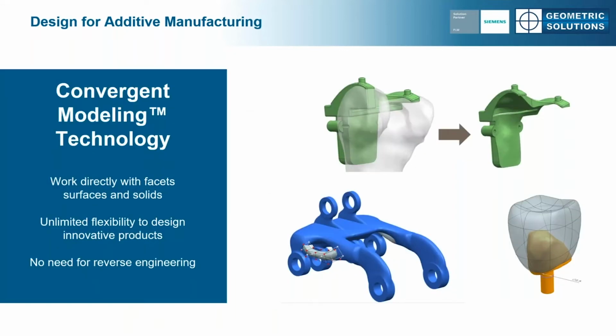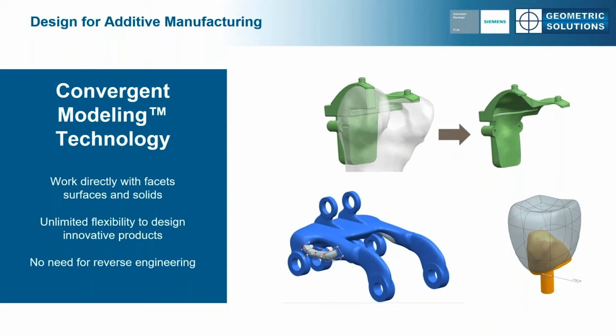We also have what's called Convergent Modeling. Now, this is an amazing tool because oftentimes if we're going to get any scanned data in, it's almost useless. You just can't work with it. But not so with convergent modeling technology. You're actually able to take that faceted geometry or those faceted surfaces, that's just one big blob, and you can go ahead and start working on it.